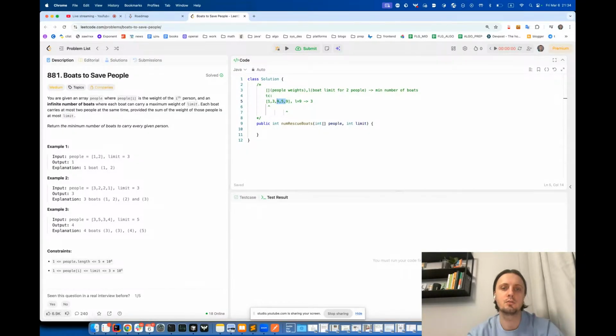Then we can put this 3 and this 4, so it will still be 3 boats. But what if here we have 8? It also can be 3 boats.